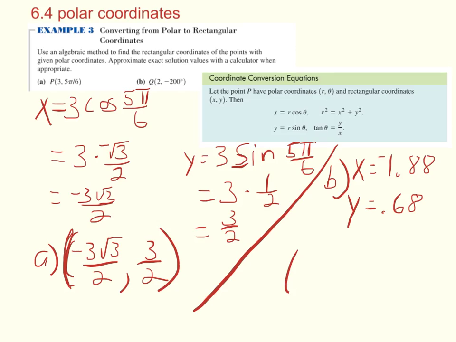So point B is negative 1.88, 0.68. That's all we have to do.